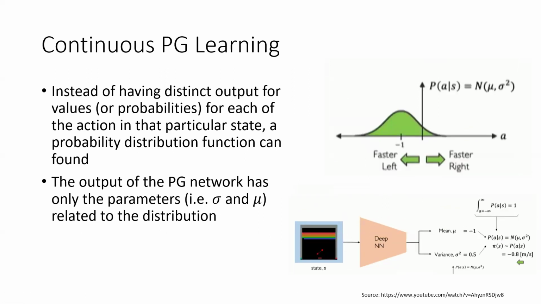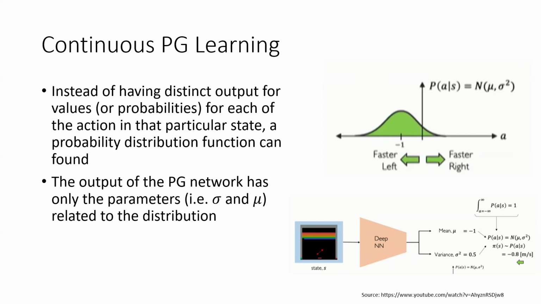Another advantage of using policy gradient learning is that you can use it for continuous functions as well. When it comes to Q functions, it was only possible to learn discrete outcomes.